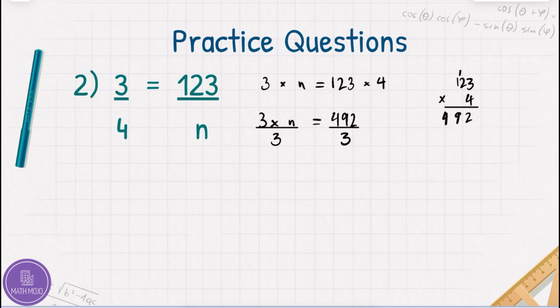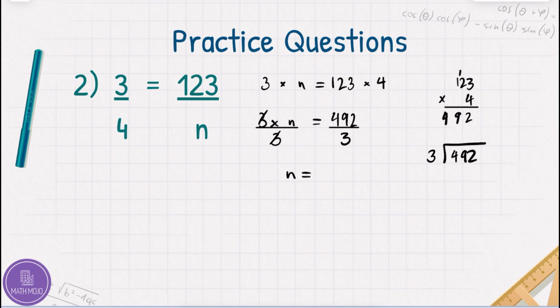So now we know our 3's on this side cancel out, so we're left with n is equal to 492 divided by 3. So we can quickly long divide this as well. If you'd like to learn how to divide, I will also leave a link in the description for that as well.